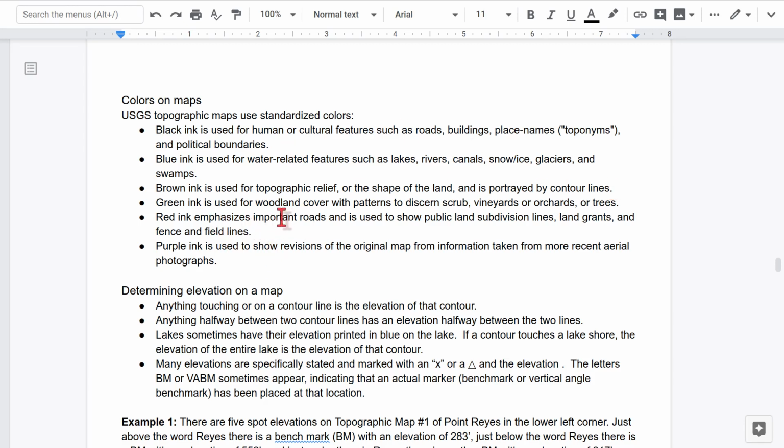Red ink emphasizes important roads like freeways, used to show public land subdivision lines. Purple ink, and none of the maps that we're using have purple ink, but purple ink is used to show revisions. So if it's an updated map, often the updates still use purple ink so that you can tell that those are revised. It's something new.